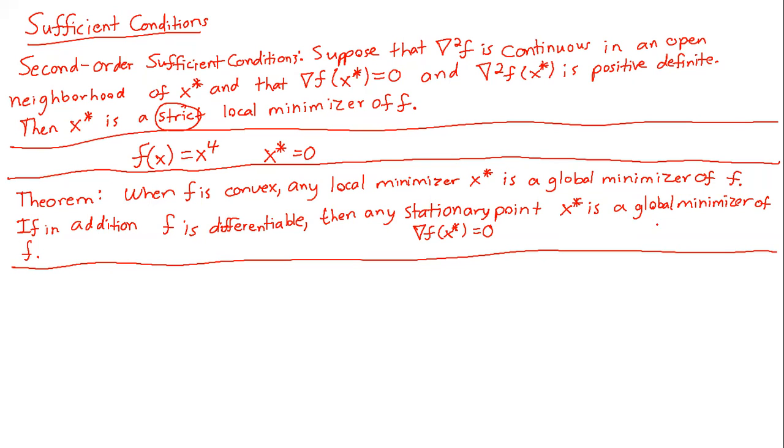Another interesting thing is that there are some functions that are not differentiable, but that you can actually reformulate the optimization problem, if you have, for example, f of x equal to the one norm of some function.